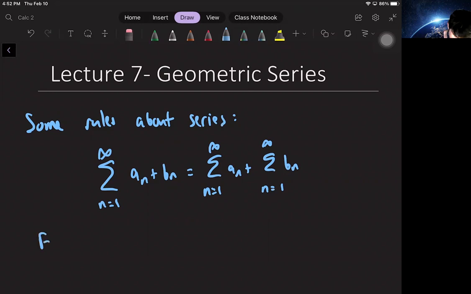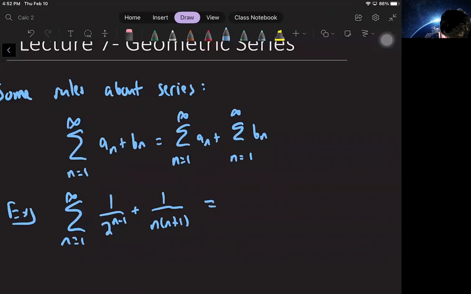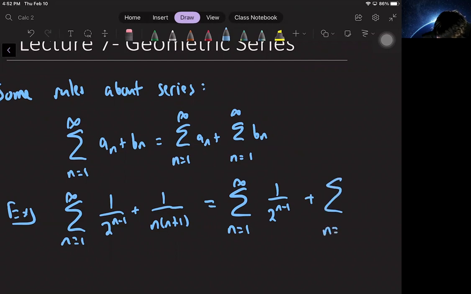But so for example, one way we could use this is for something like this. So we already did these two in a previous video. We've done these two independently. So this one is a little bit different than the one we did, but it's actually the same.